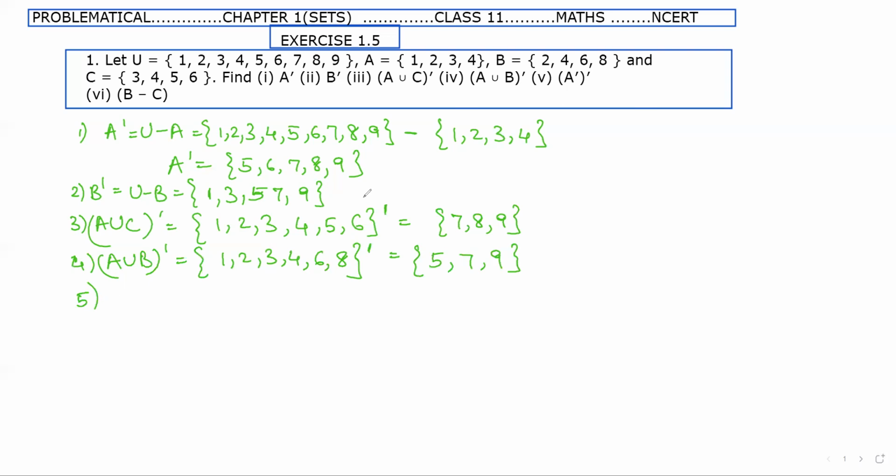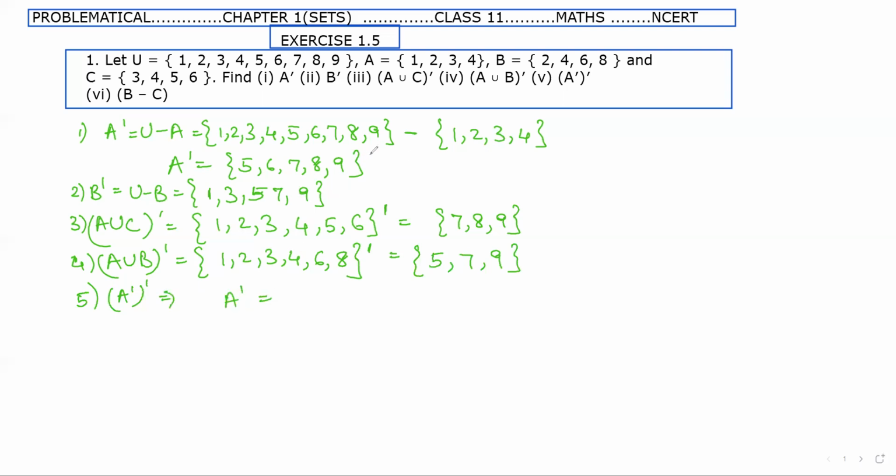Fifth, A complement's complement. If you consider this as the outside complement, this can be written as U minus A complement. But instead of doing it like this, there is a property where we know that the answer is going to be A. However, we can solve this. Let's first calculate A complement.